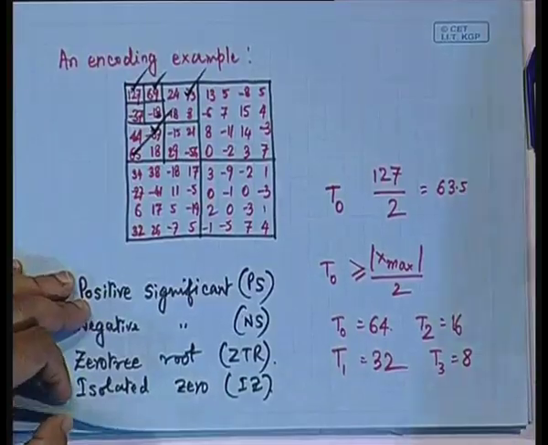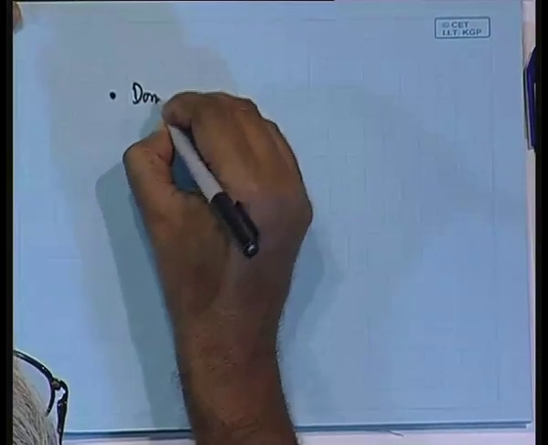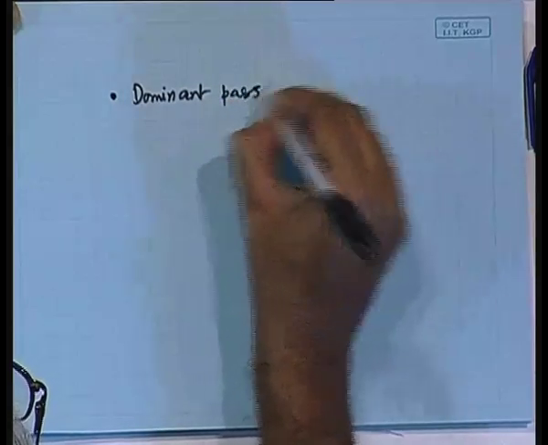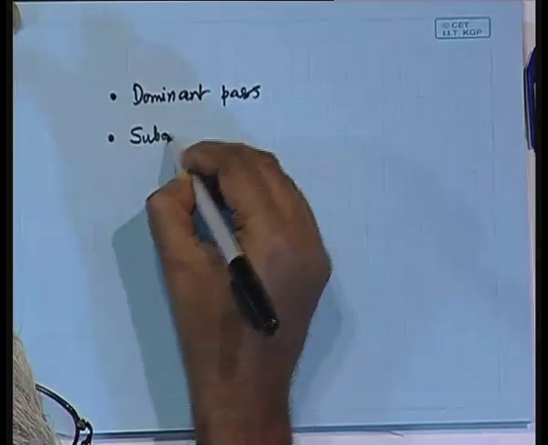Now, in this kind of multi-pass encoding, every pass consists of two things. Each pass is subdivided into a dominant pass and a subordinate pass.